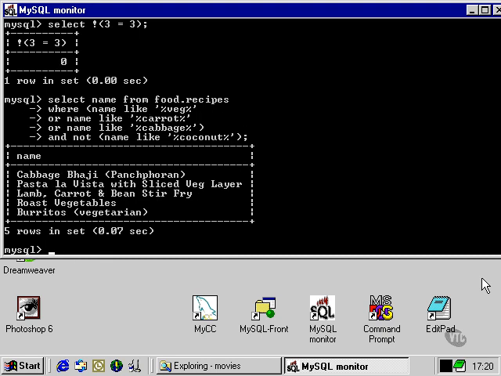As we can see, it returns 5 different recipes, none of which contain coconut. So here's an example of the use of logical operators to express something quite complex in a simplified manner.